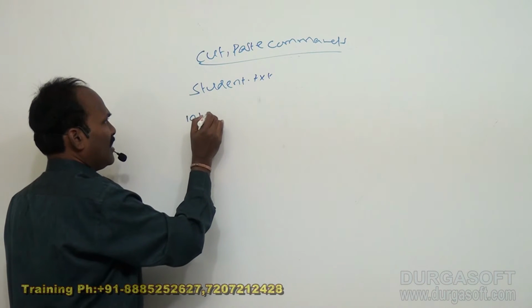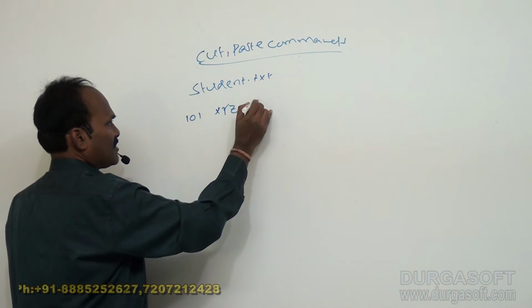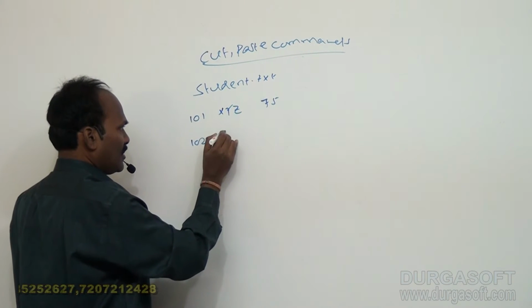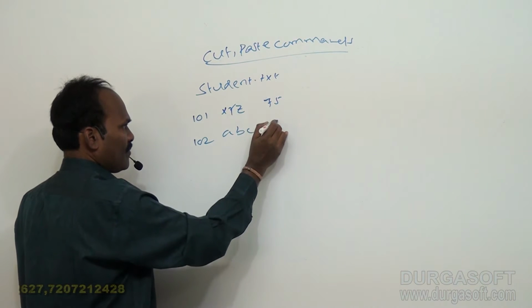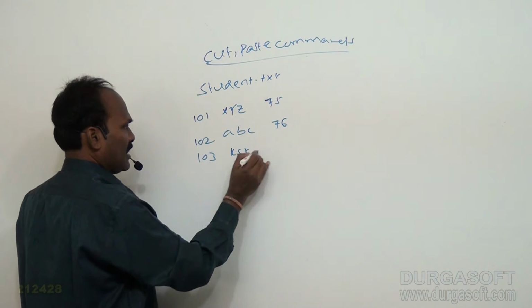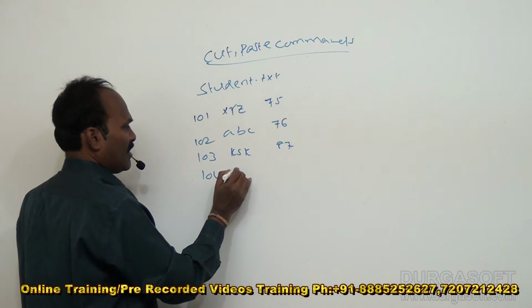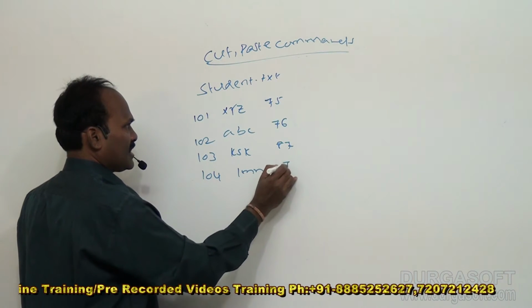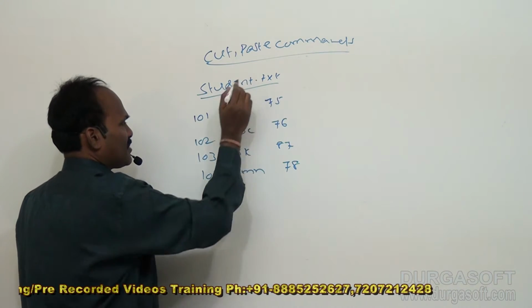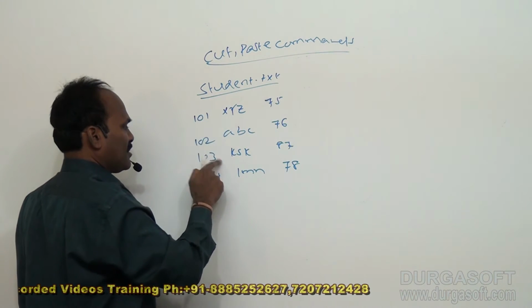Like 101 xyz marks 75, 102 ABC 76, 103 KSK 87, 104 LMN 78. Okay, so this is the student.txt file which contains some records like 101, 102, 103, 104.